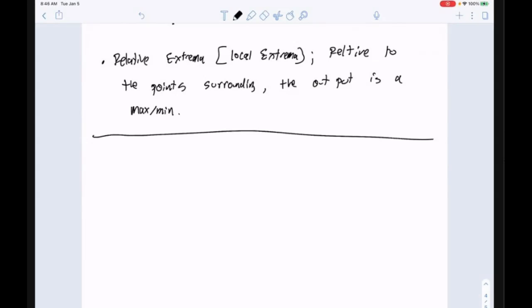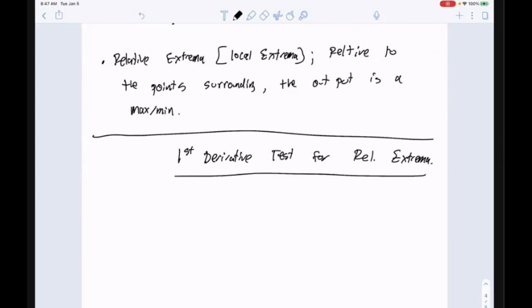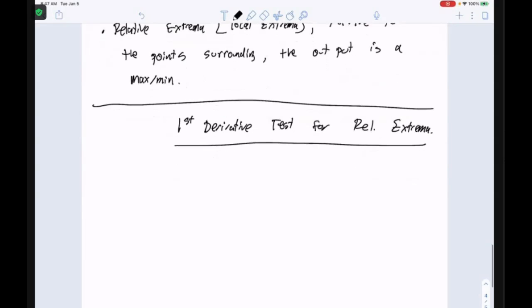This is called the first derivative test for relative extrema. I'm going to give you the formal definition, and I'm going to give you the layman's one that we just used.